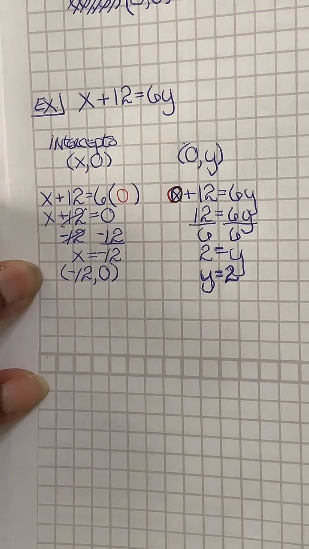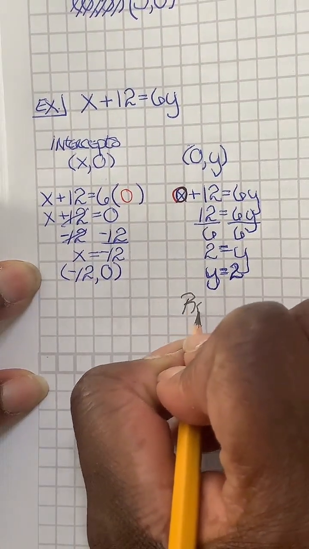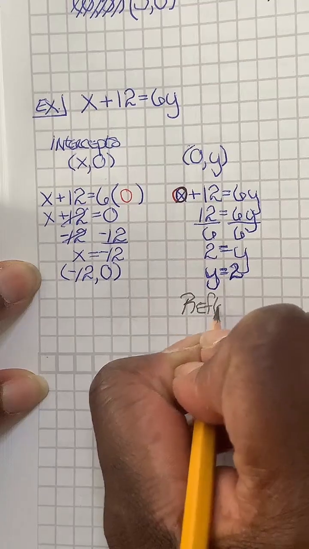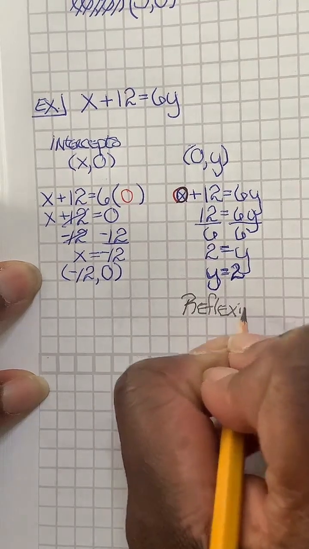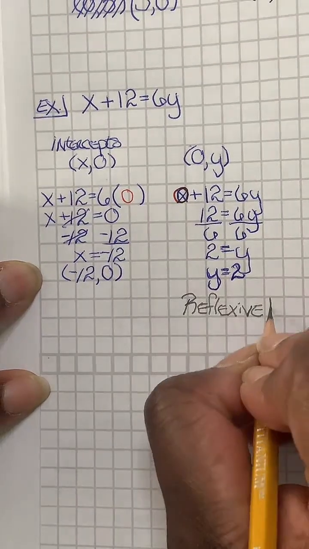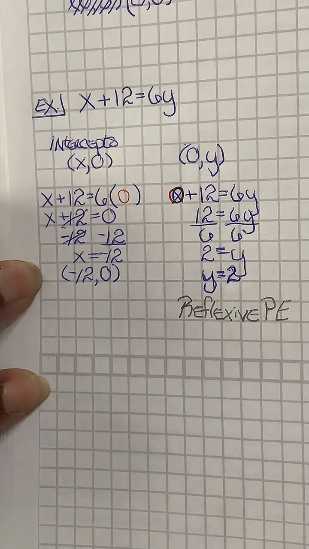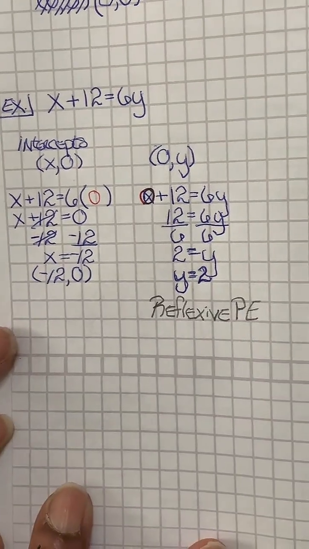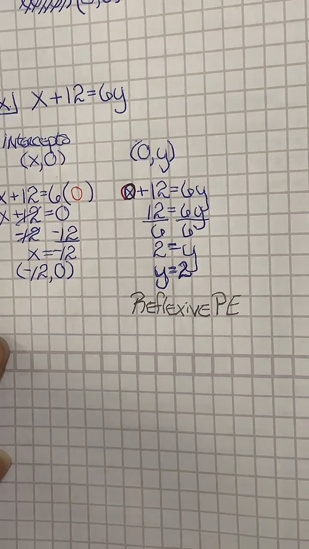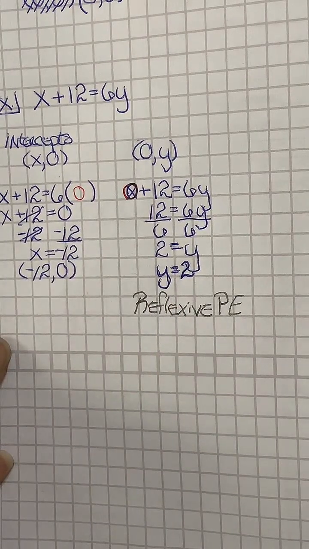Okay. It's called the reflexive property. Okay, so the reflexive property of equality. Because I know most of us like to have the y's on the left-hand side.